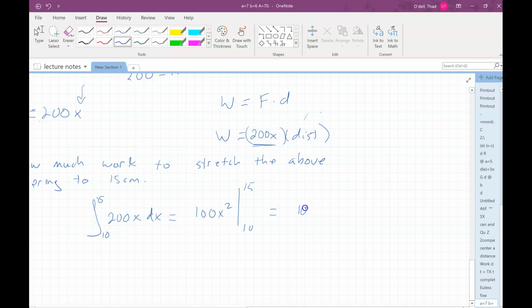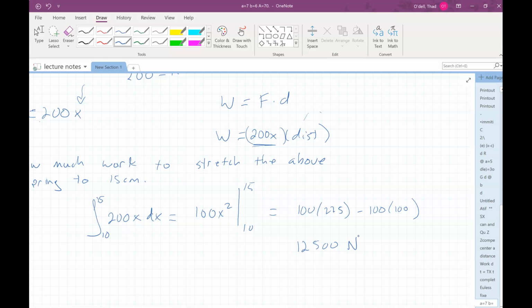Then we'd have 100 times 225 minus 100 times 100, which is 22500 minus 12,500.